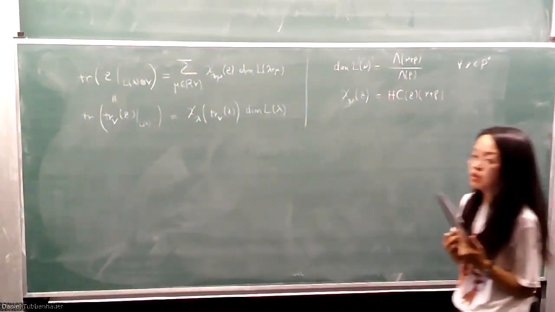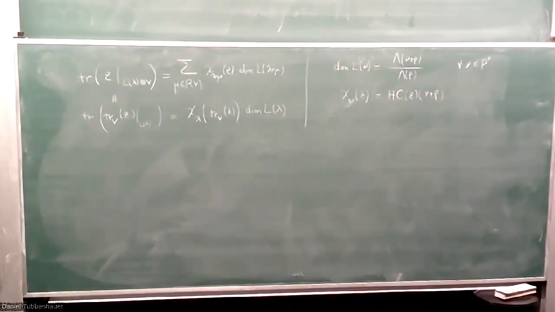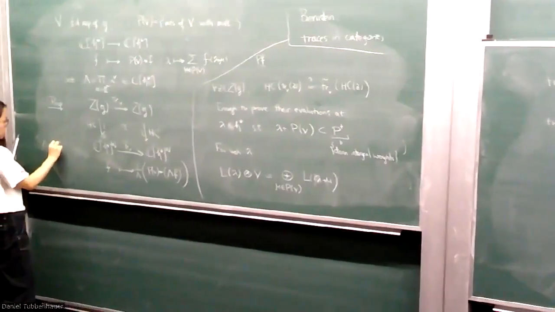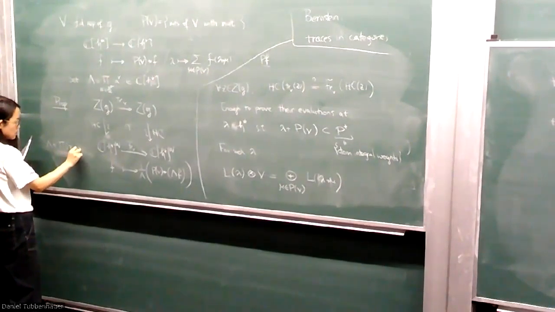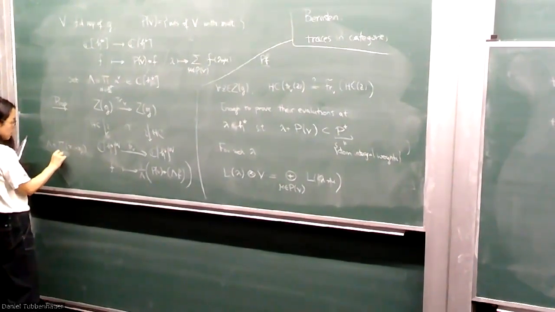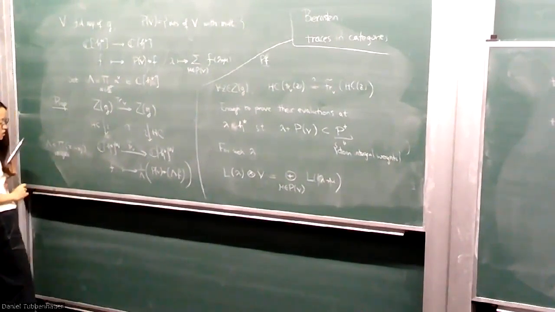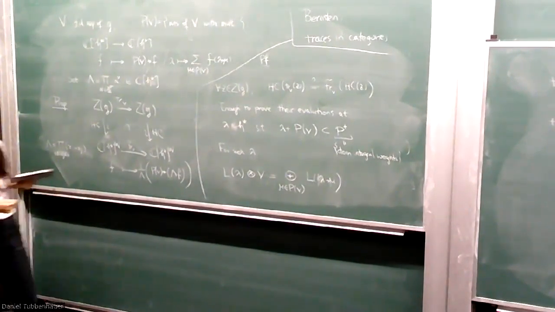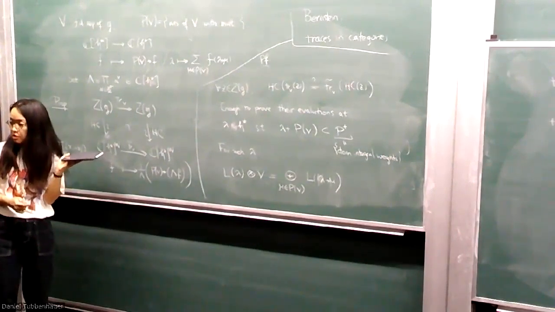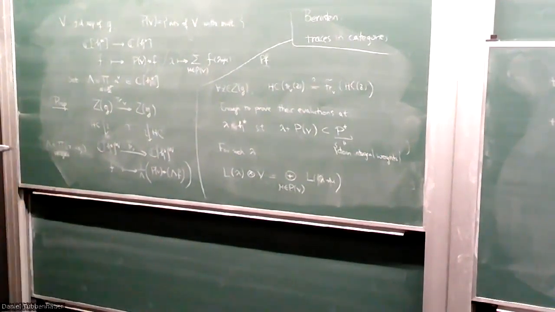Can you give an example to illustrate this proposition? Say G is GL_n and V is n-dimensional. Is it possible to describe this map more explicitly? Well, then this lambda is just the product of x_i minus x_j. But this depends on which representation you take. Just the first fundamental, for example.